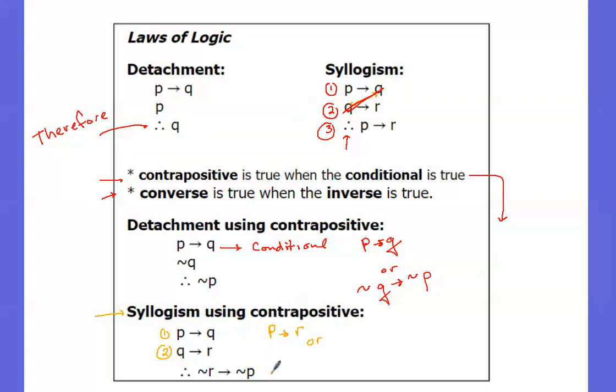Or what you could know, based on the fact that the contrapositive is true when the conditional is true, you could reverse it and negate, saying not R, then not P. Both statements, the conditional and the contrapositive, are true at the same time. Going back to the argument, in the third line of the argument, therefore not R would lead to not P. That matches what we created here, and so we know that this argument is indeed valid.